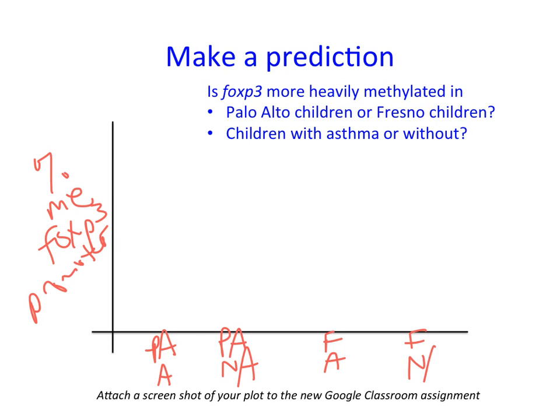Fresno, no asthma. So take a couple of minutes, draw what you think the data would look like. Just one data point per column. So what do you think the pattern is going to look like? And then take a picture of that and attach it to the Google Classroom assignment. Do feel free to work with a friend if you want.